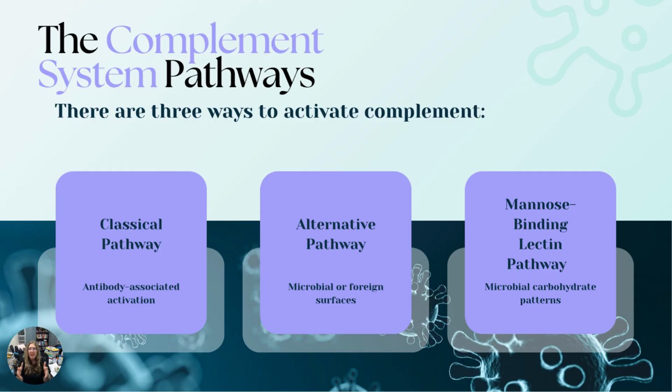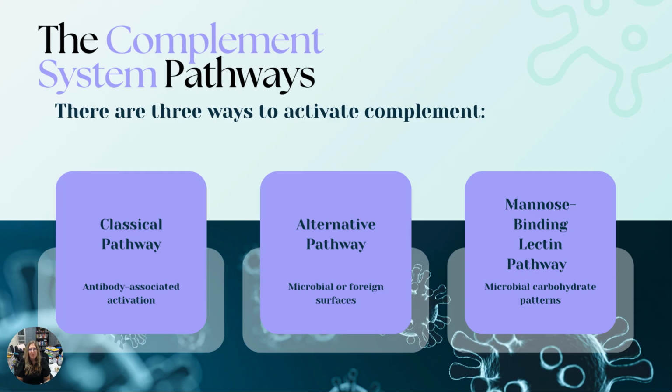So there are three major ways that complement can get started. The classical pathway is associated primarily with antigen antibody complexes. The alternative pathway can be activated directly by microbial or foreign surfaces.